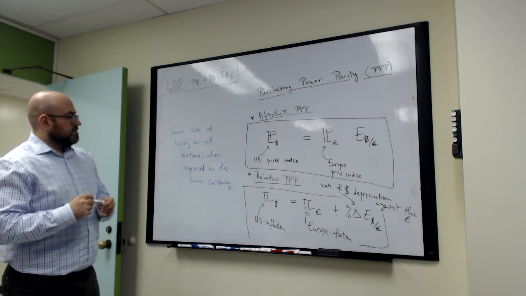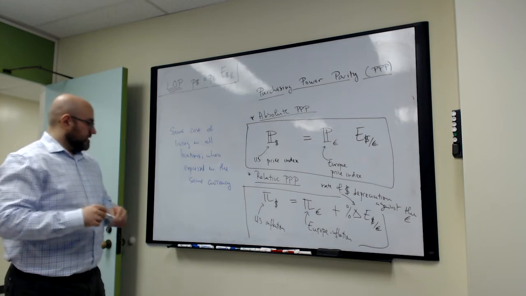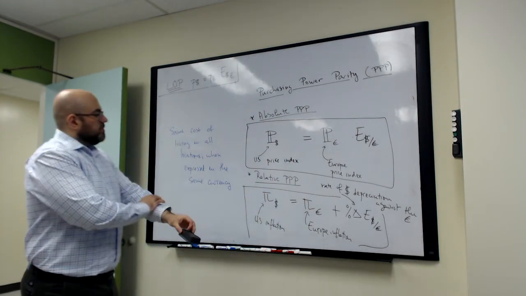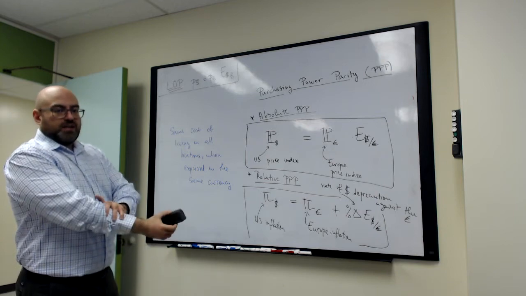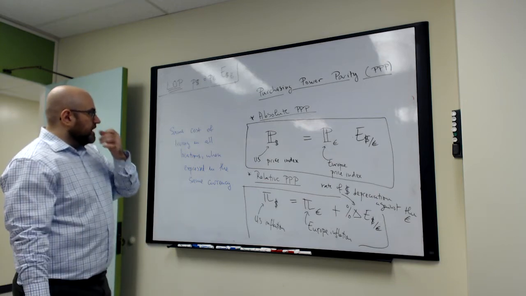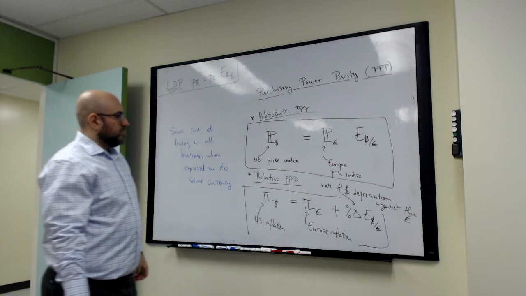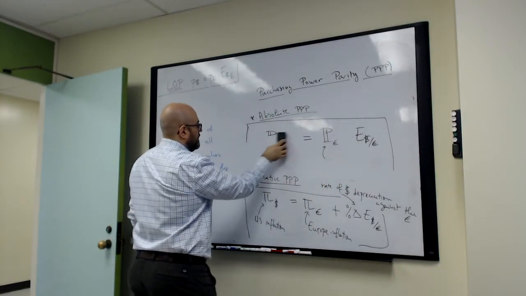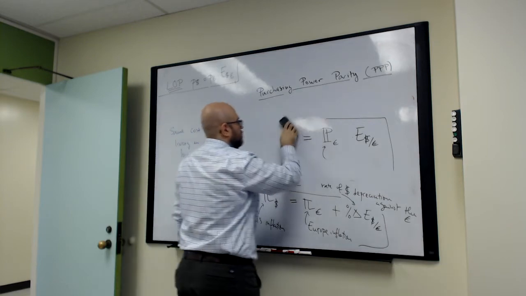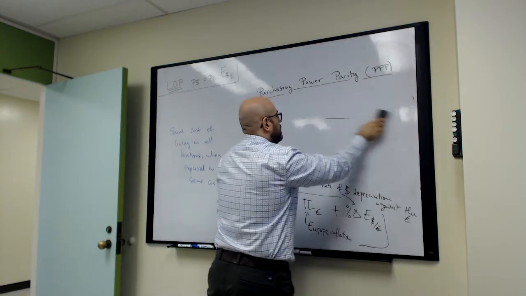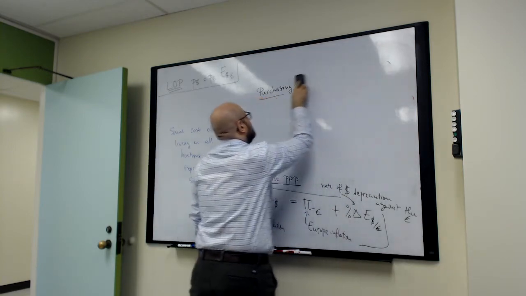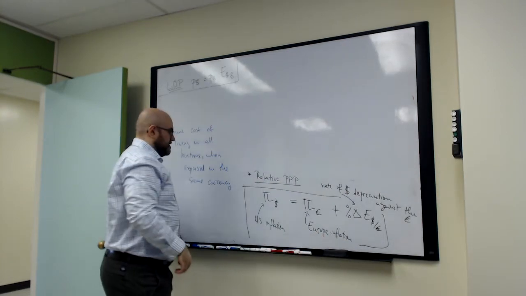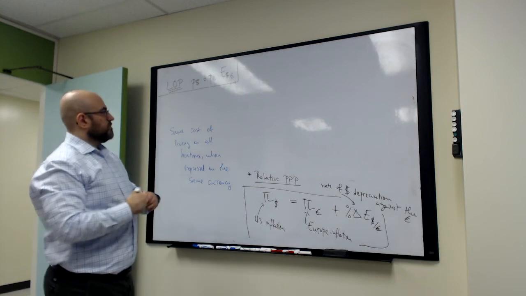So there are some important implications here. We're going to use relative PPP in our study of the long run. And so that's going to tell us about long run trends in exchange rate movements. In particular, I want to emphasize the following implication of relative PPP.